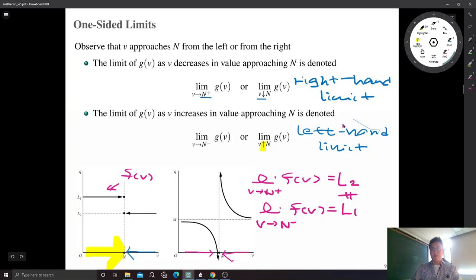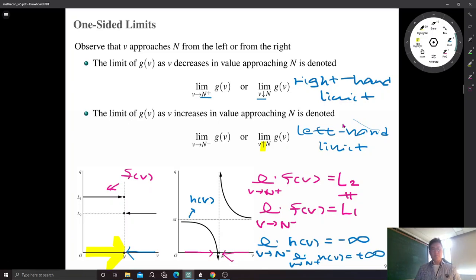If I call this function h of v, the left-hand limit of h of v is negative infinity, but the right-hand limit, as v approaches n plus, is positive infinity. So whenever the limit has an infinite value, we say the limit does not exist.